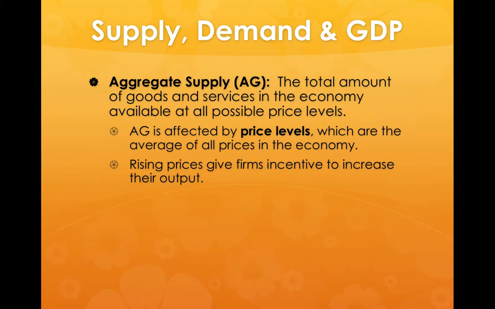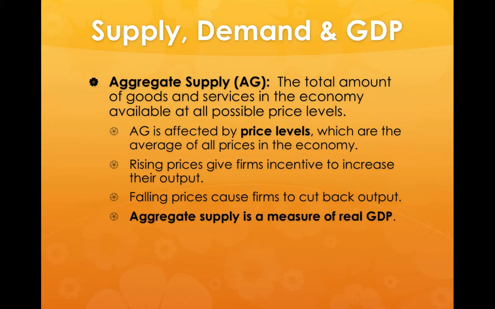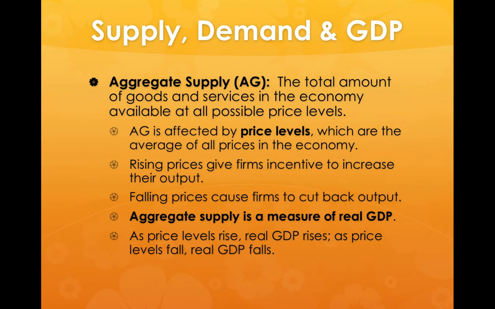Rising prices give firms incentives to increase their output. Falling prices cause firms to cut back in their output. Aggregate supply is a measure of real GDP. As price levels rise, real GDP rises. As price levels fall, real GDP falls.